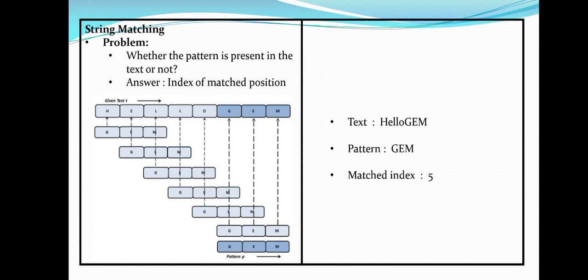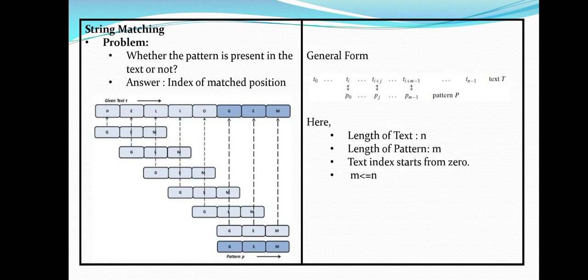Now we are going to see the algorithm for this problem. Before that, we will convert this into a general form. The text goes from T0 to Tn minus 1, where the length of the text is n, and the index starts from 0 to n minus 1.